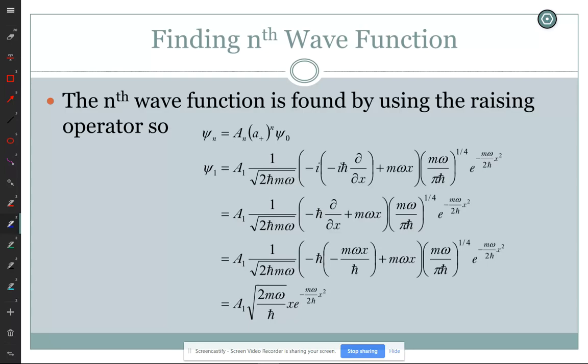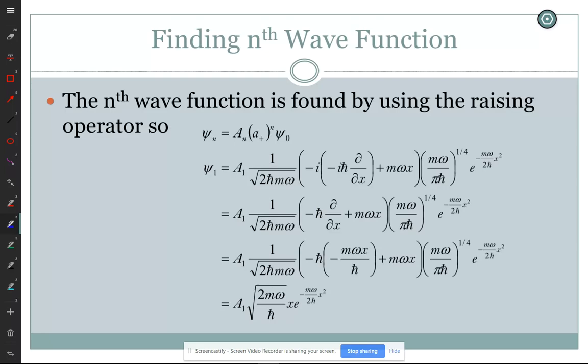So doing that derivative, I have the i times i is minus 1. So this is minus, minus, minus. 3 minuses makes a minus, so it stays minus. h bar stays there. And then taking the derivative, I just put the derivative here, plus m omega x. So the derivative of this function brings down the derivative of the exponent, so it brought down m omega x over h bar.